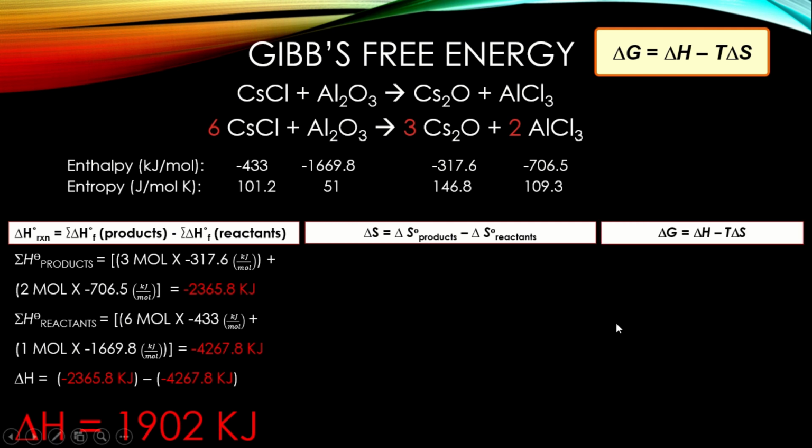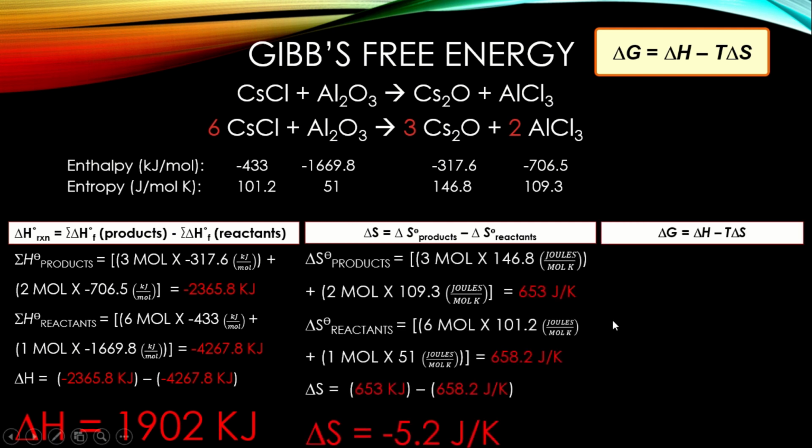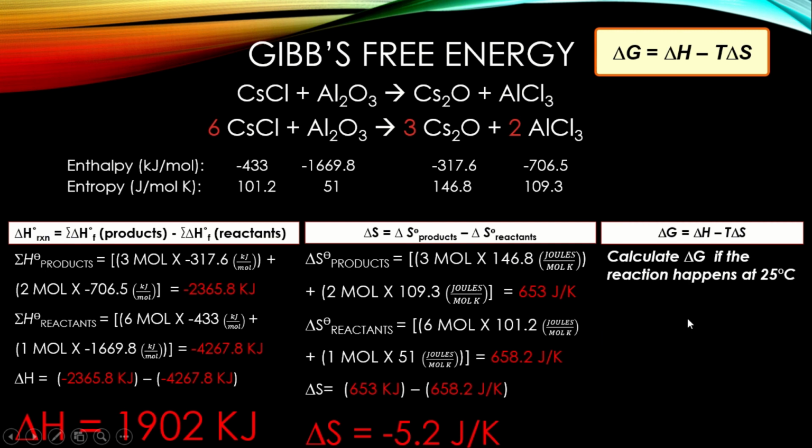Last step is the Gibbs free energy. Ano daw ang ating change in energy kung ang reaction daw ay nangyari at 25 degrees Celsius? So the formula for the Gibbs free energy is here. So delta H minus T delta S. Ano ang mga values natin? Ang delta H natin ay 1902 kilojoules, pero kailangan nating i-convert ito sa joules kasi ang unit ng ating entropy ay joules.